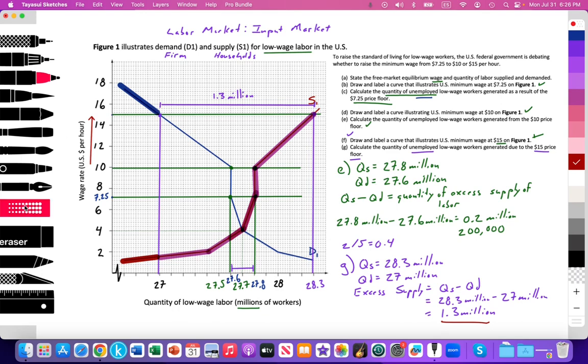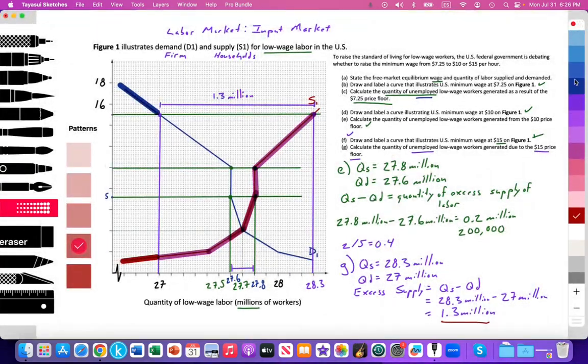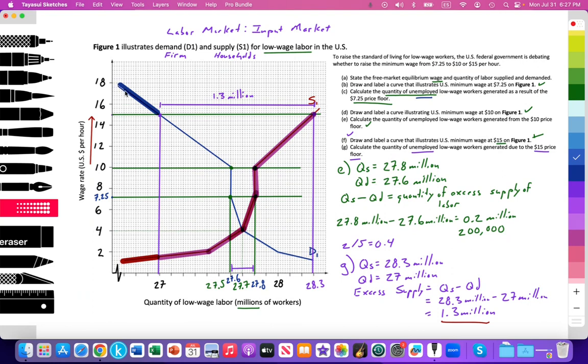And just to illustrate, I can show you the producer and consumer surplus. So the consumer surplus, that being the firms consuming labor, we can see that in theory, that consumer surplus is reduced to this area here.